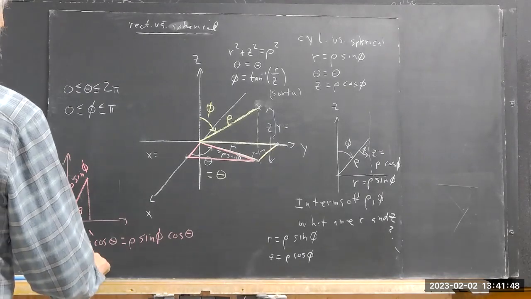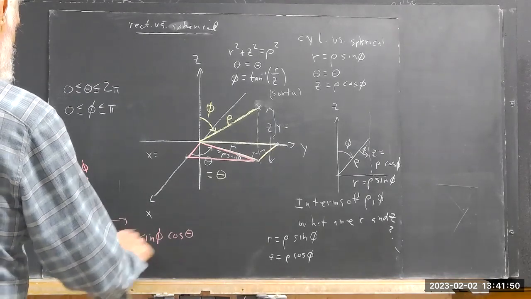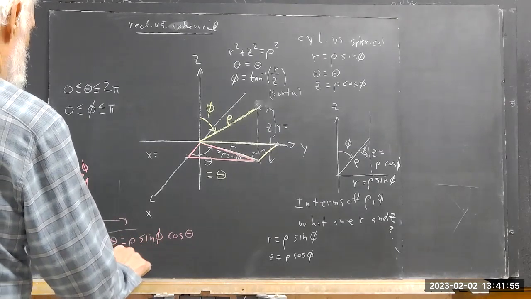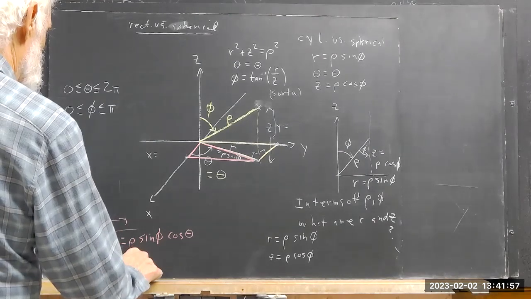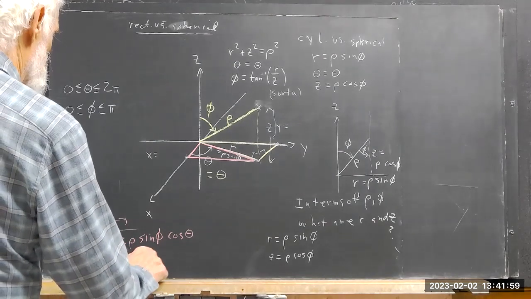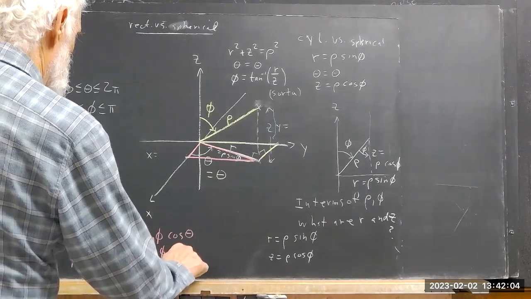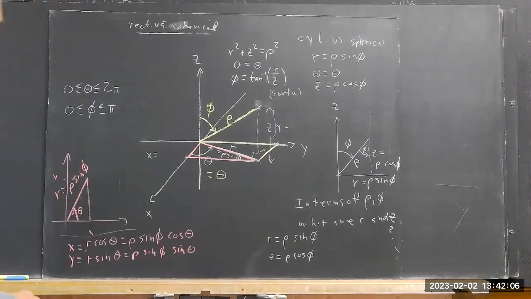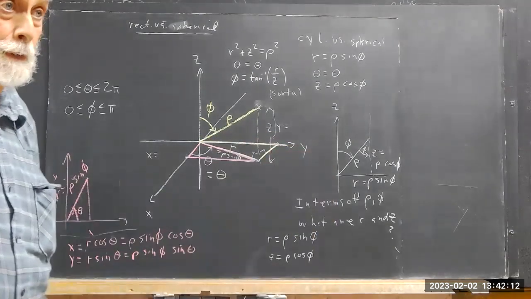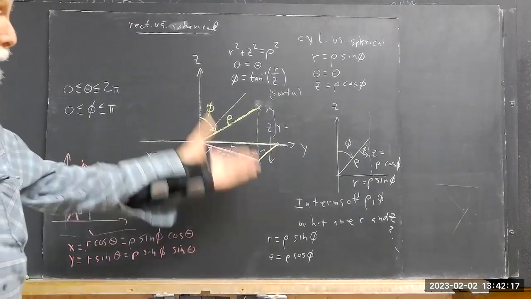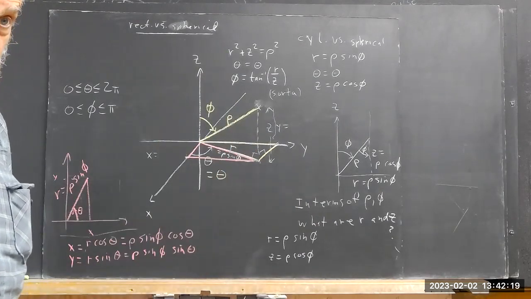And y is r sine theta, but that's rho sine phi sine theta. Okay. It's very simple if you understand trigonometric functions of a right triangle. It's just all right triangles.